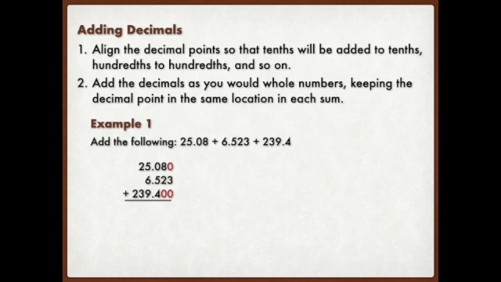And then I'm going to add in 2 zeros for the 239.4 because of the 6.523. So once I line the decimal points all up and add in the zeros, I can go ahead and add.